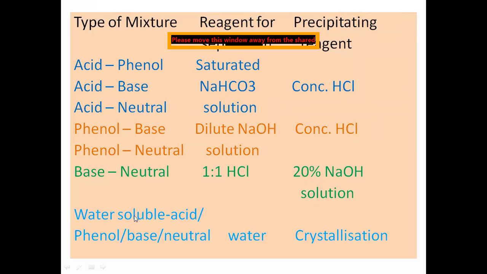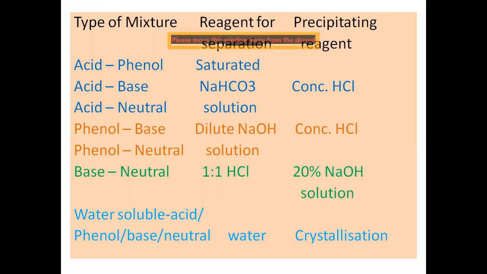Then normally, if you have a water soluble acid phenol or base neutral, the separation reagent is water. When you evaporate that water in the evaporating dish, you will get your water soluble compound.